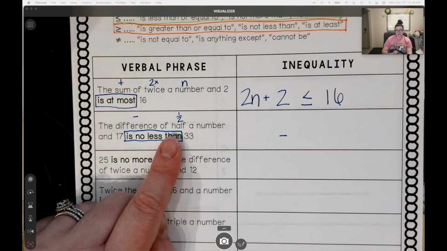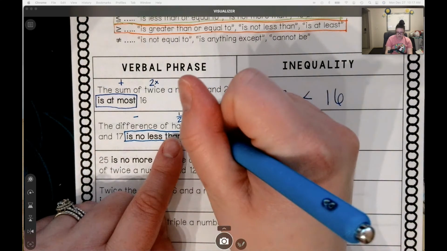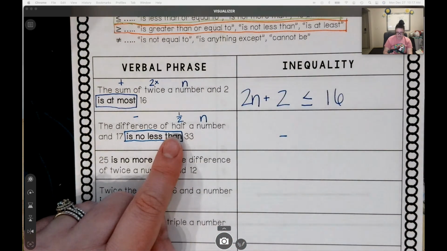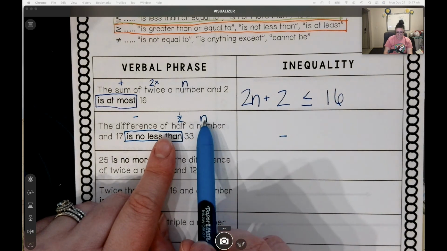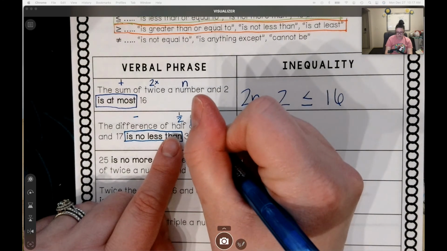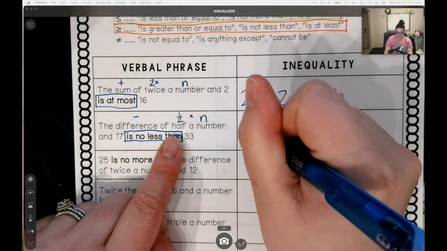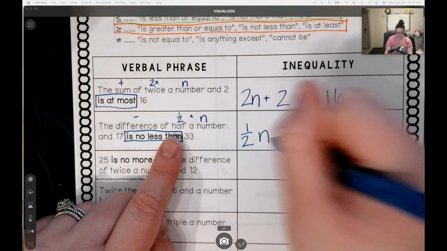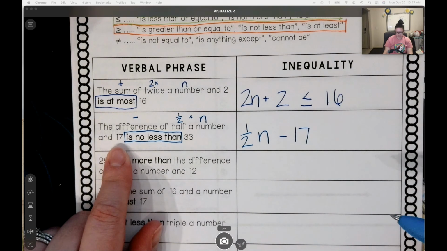Do I know what the number is? If I don't know the number, it's a variable. So let's do 1/2 n. What operation is happening with that 1/2 and n? Half a number means I'm multiplying those things together. So this means it's going to be 1/2 times my number, and 17 is the other half of the difference.